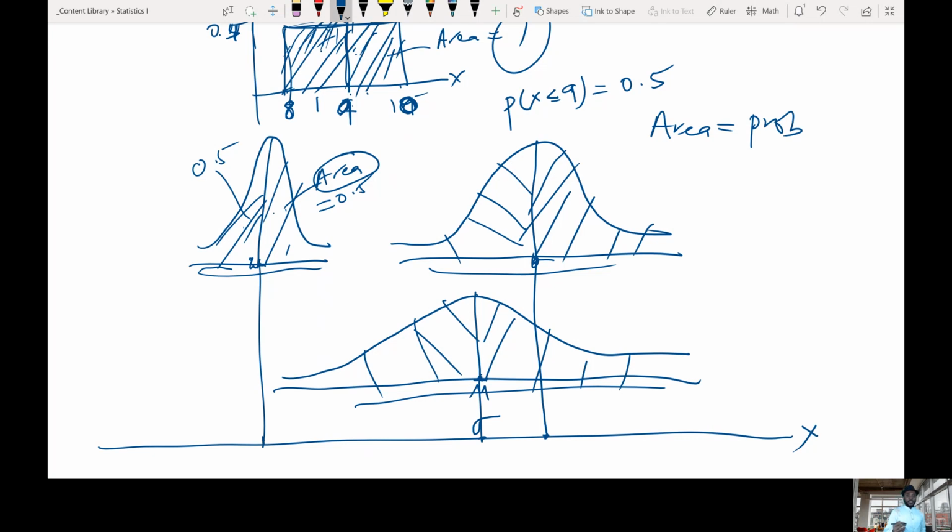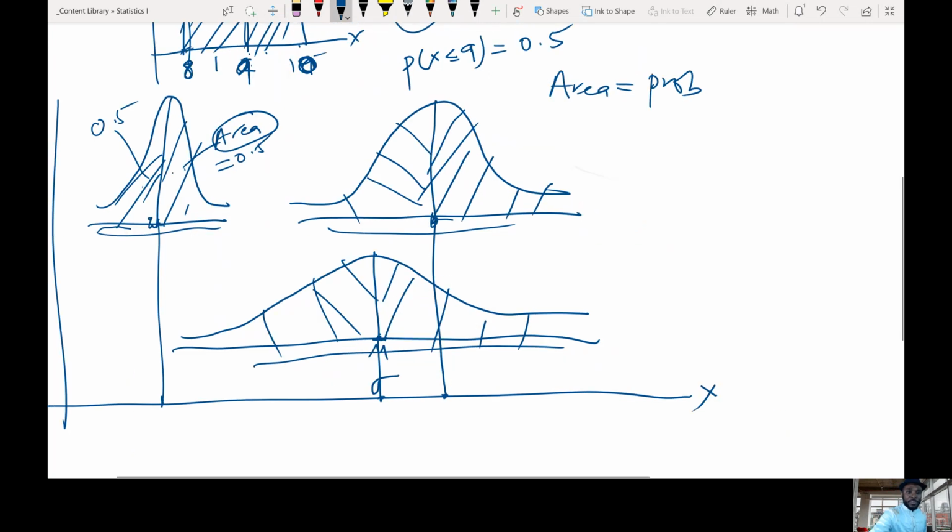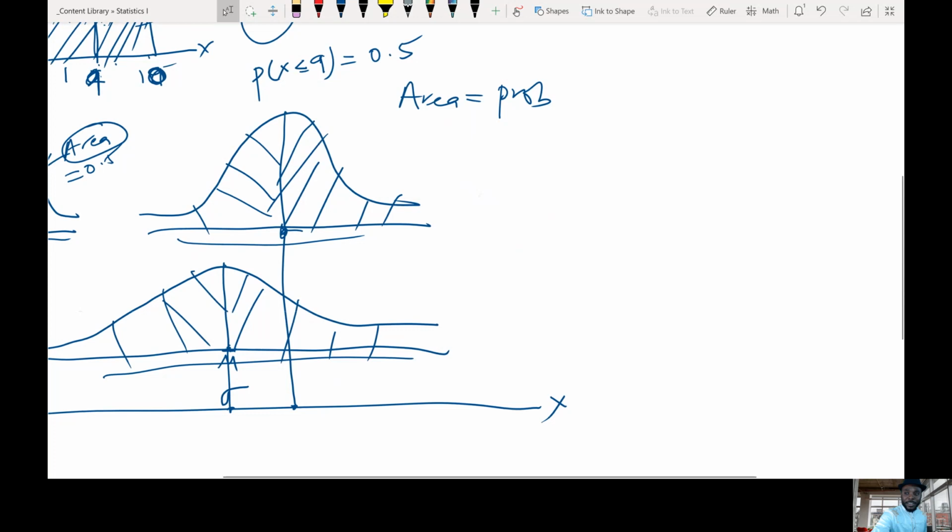Now, for this distribution, the y-axis here is f of x, right? We don't really think much about the function here. I'm going to take you beyond the function, but if I was to express the function that creates the distribution, this is how it is. f of x is equal to 1 over sigma times the square root of 2 pi, times e to the power of minus (x minus mu) squared over 2 sigma squared.